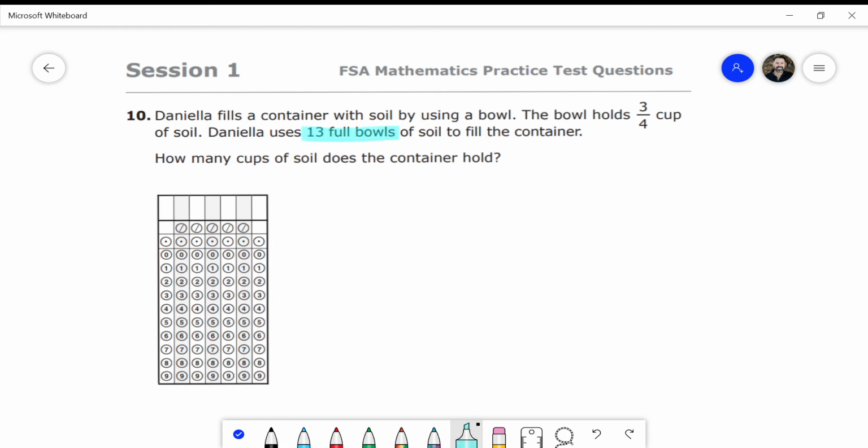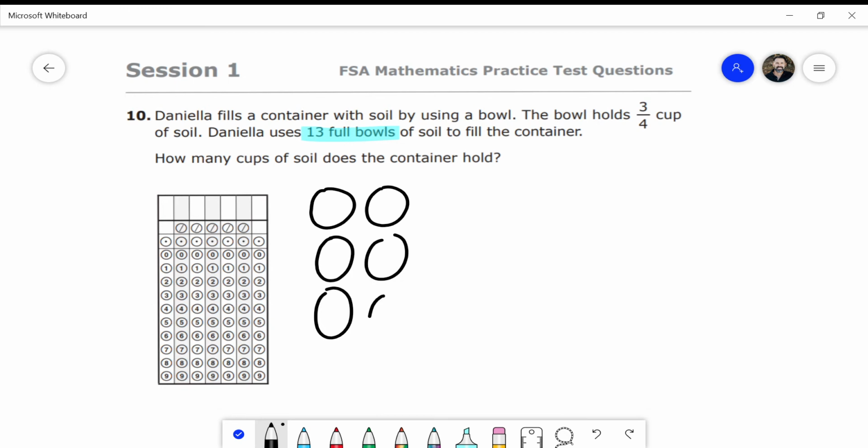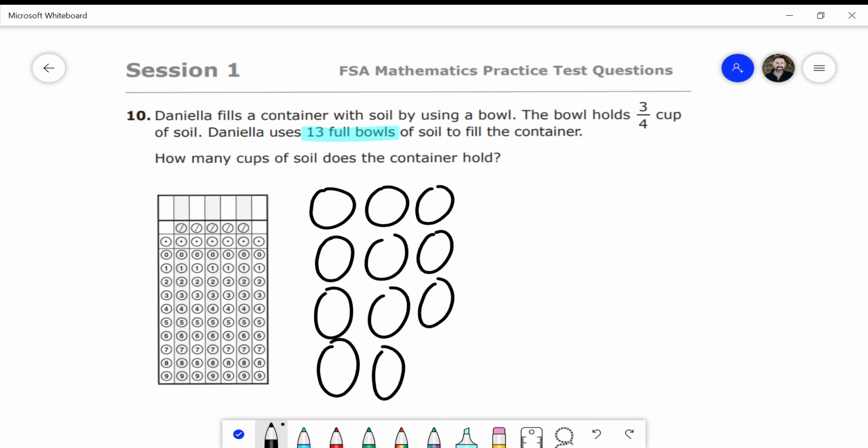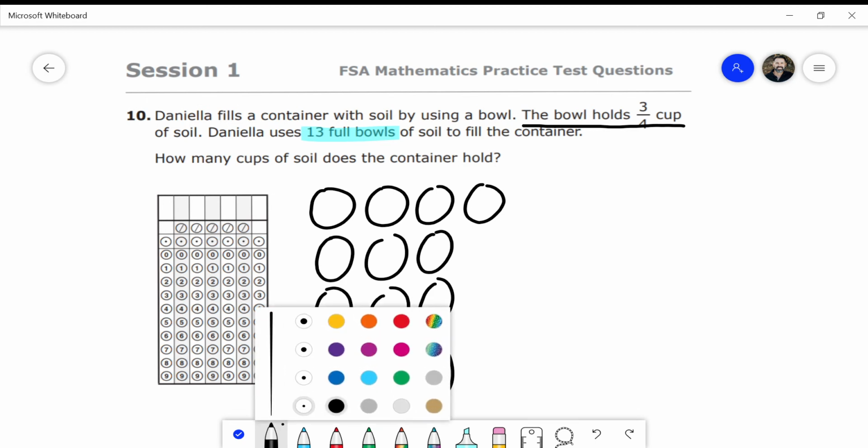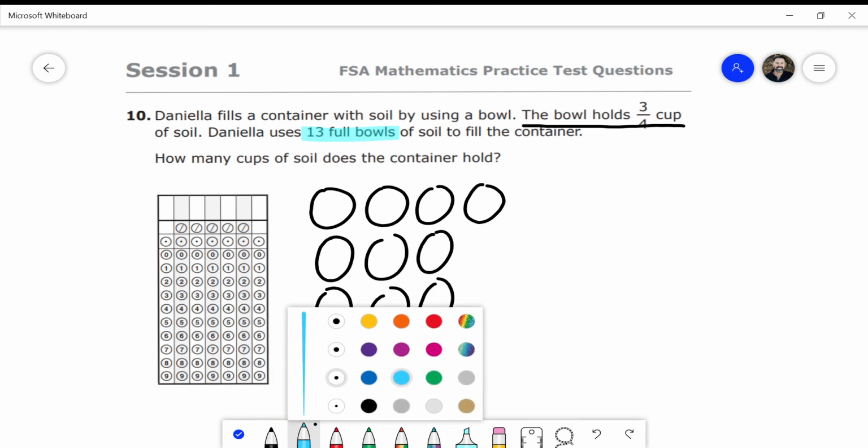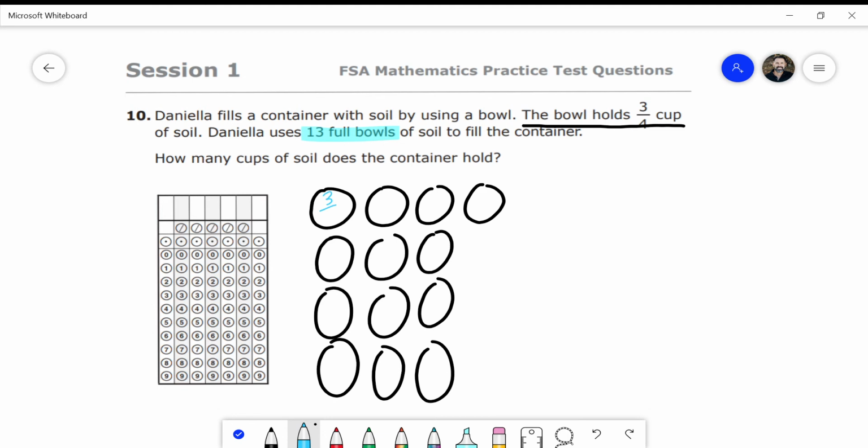So if I just draw 13 circles, 3, 4, 5, 6, 7, 8, 9, 10, 11, 12, and 13. And I know that each bowl holds 3/4 cup. So if I go ahead and write that in, 3/4, 3/4.